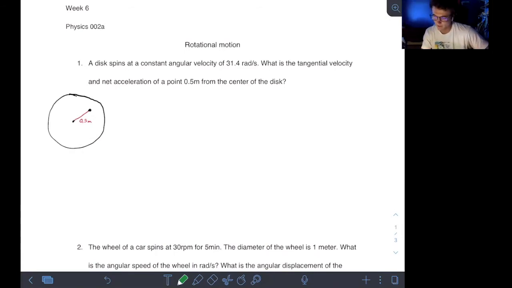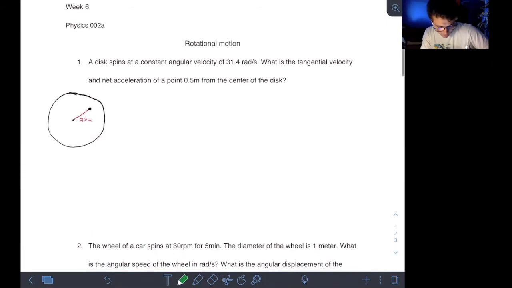What is the relationship between angular velocity and tangential velocity? Well, we know this equation, right? V tan equals angular velocity times the radius. So that could easily get us the tangential velocity. How do we do that? Just plug in our numbers.